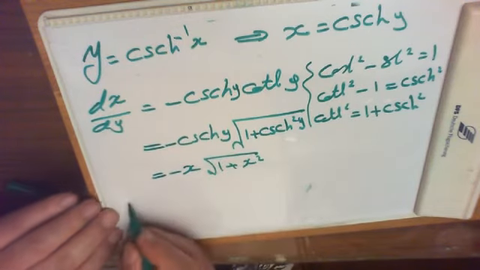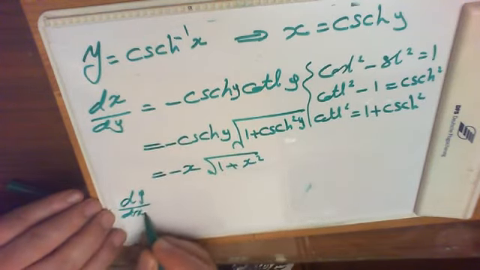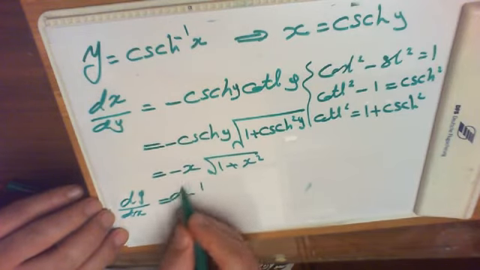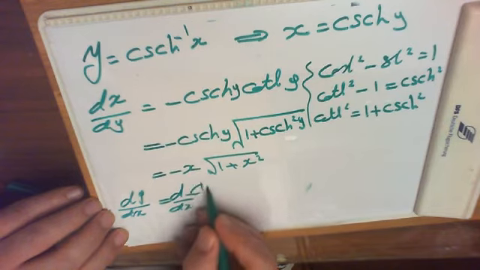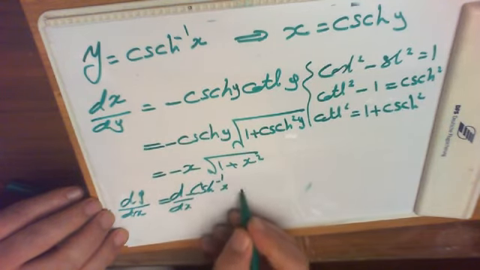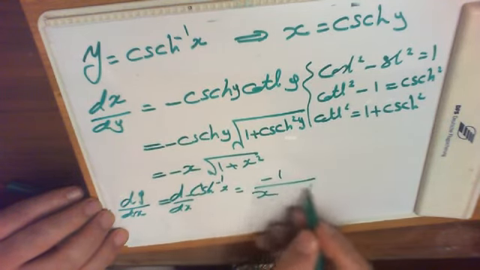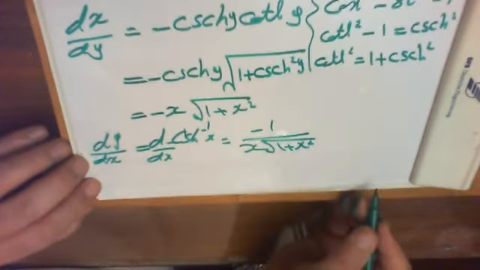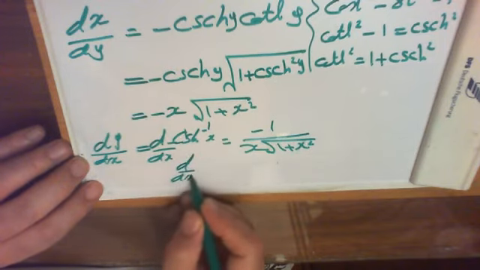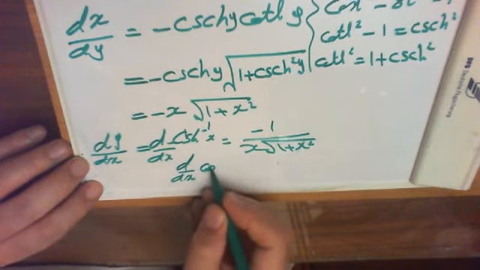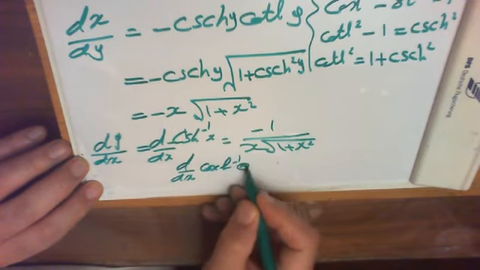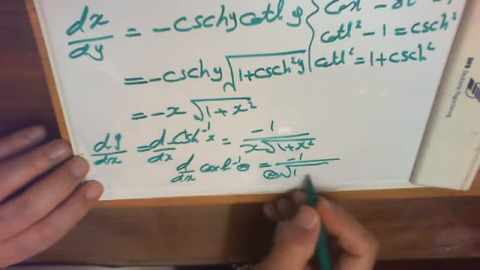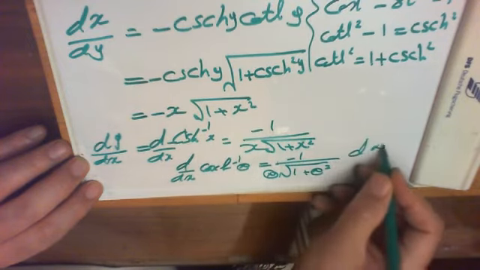Finally, dy by dx, which is d by dx for cosech minus 1 x, equals minus 1 over x square root 1 plus x squared. So generally d by dx for cosech minus 1 of any function equals minus 1 over that function times square root of 1 plus that function squared, times d that function by dx.